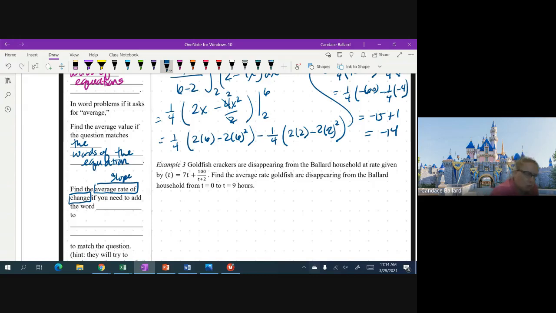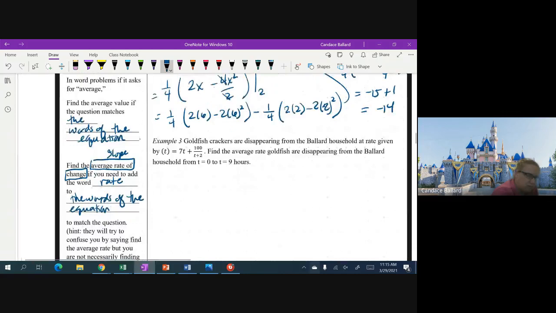All right, so if you need to, add the word rate to the words of the equation to match the question.